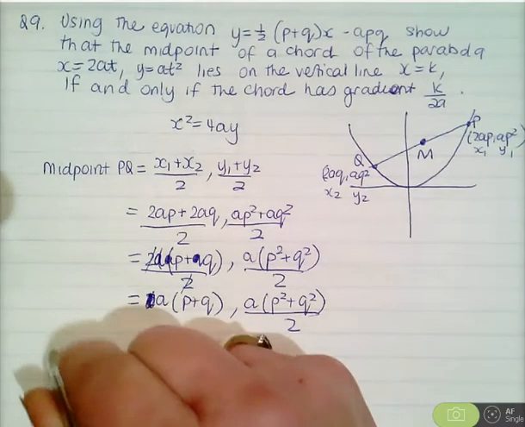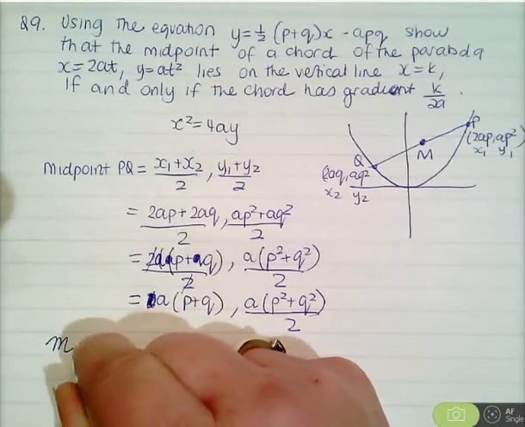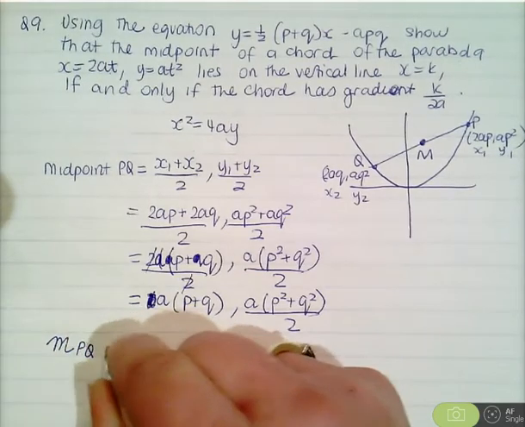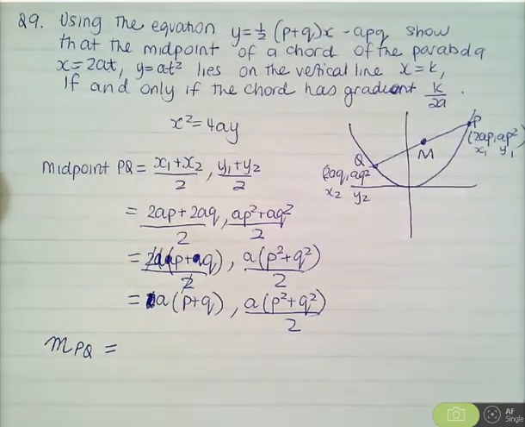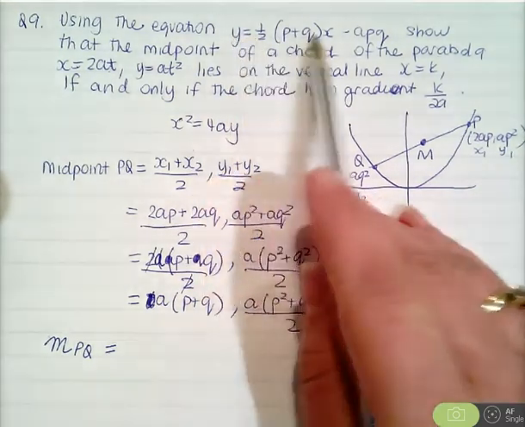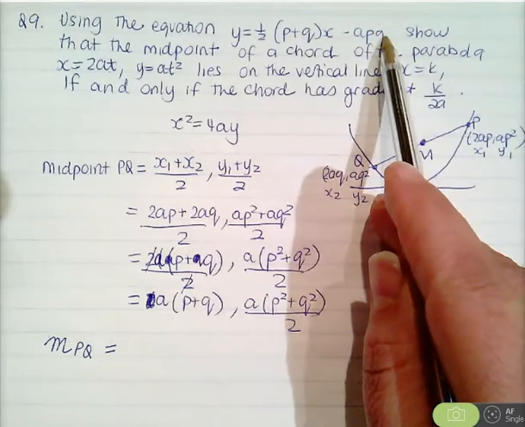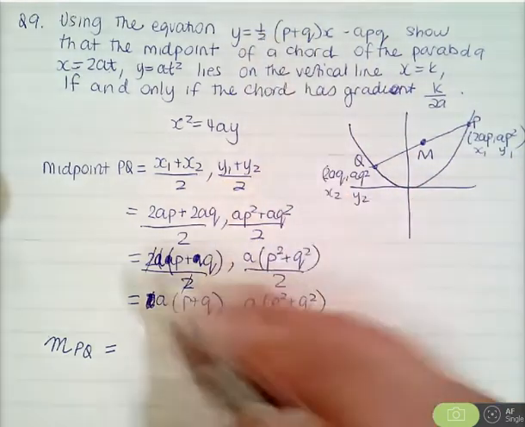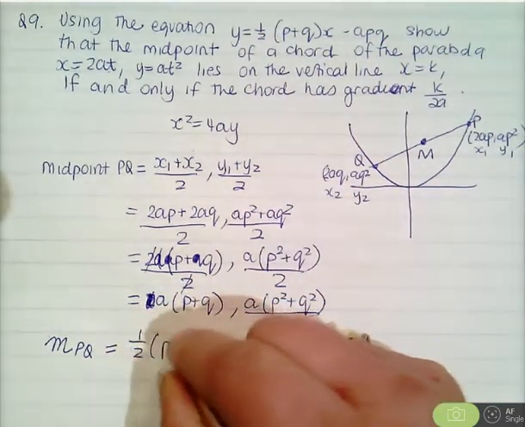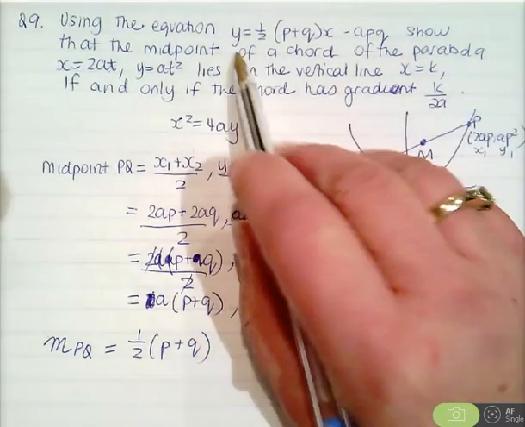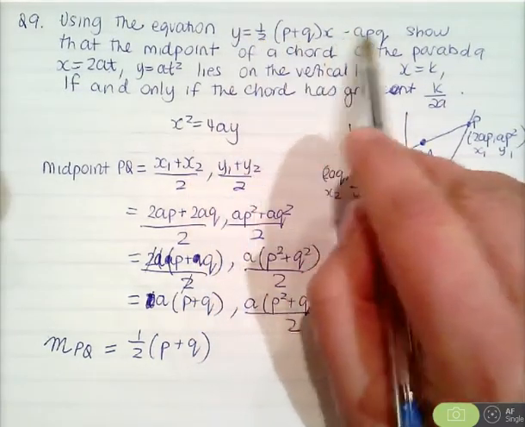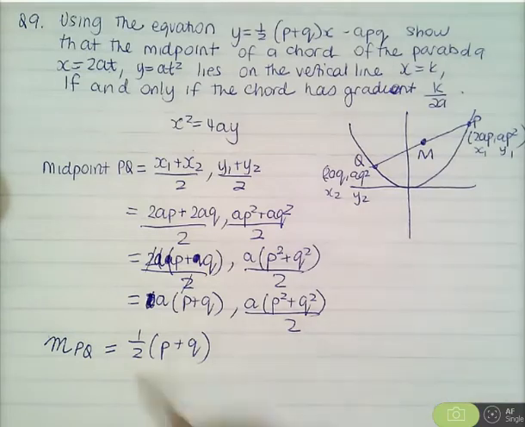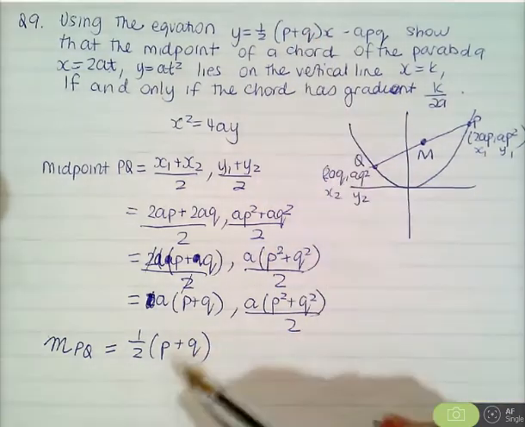So I think what we need to do next, they're referring to the gradient of chord PQ, so why don't we work that out? If this is the equation of PQ up here, because we've recognized this as the equation of chord PQ, then the gradient of PQ is a half (p plus q), because this is in the form y equals mx plus b. So we don't want to go doing that because it's actually already been done.